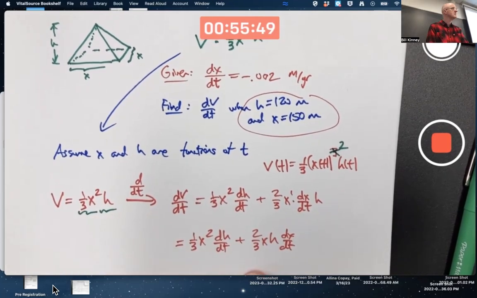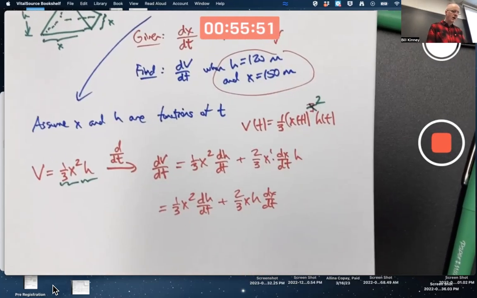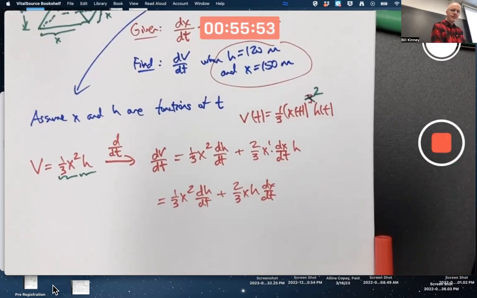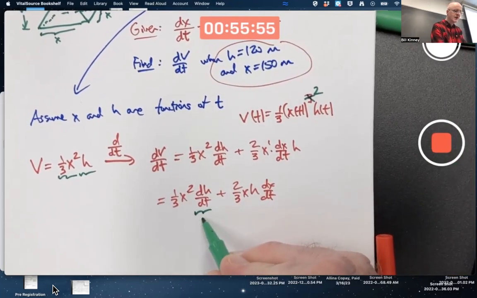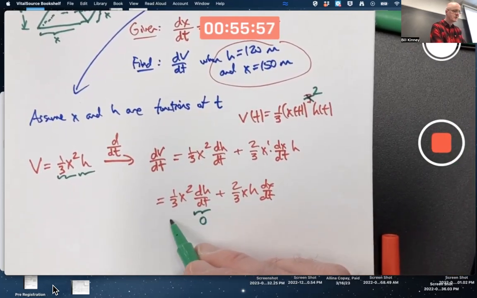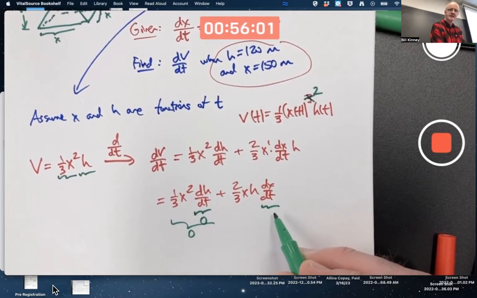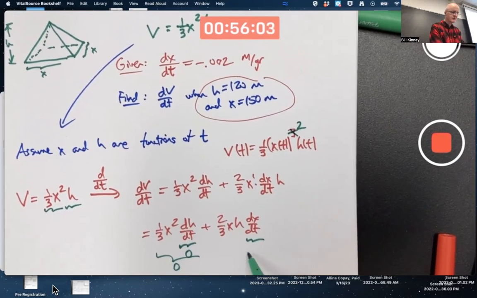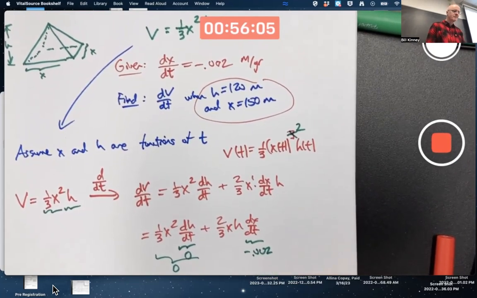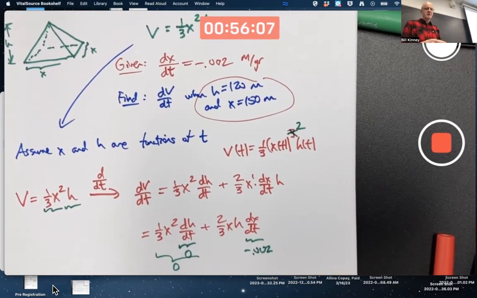We've done that now. And yes, for our problem, the height's not changing, so that's 0. So this entire term goes away. dx/dt, that's the negative 0.002. Now, the author in the textbook doesn't say whether this derivative is constant.